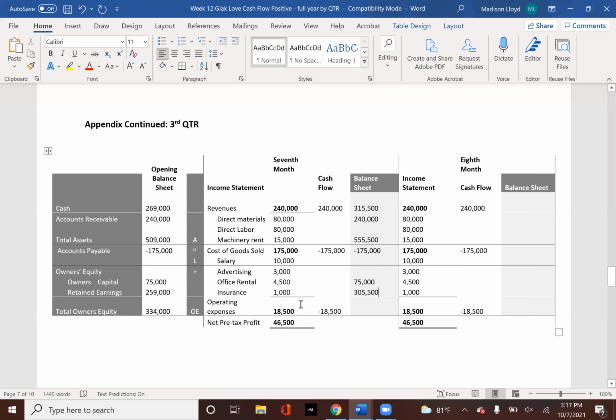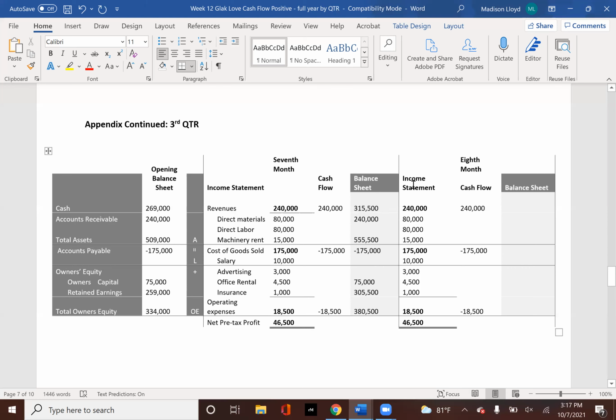Our total owner's equity, remember, is our owner's capital plus our retained earnings. You add those two together, $380,500. You can always look at total owner's equity right here. It's this plus this, owner's capital plus retained earnings, total owner's equity.